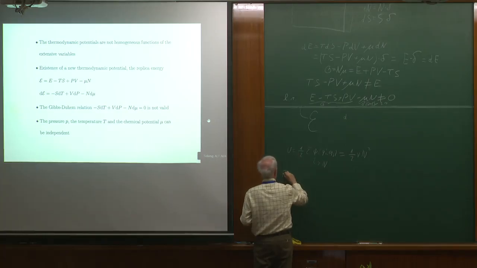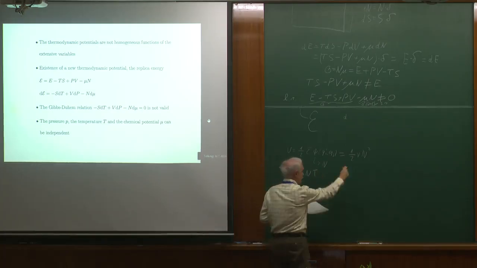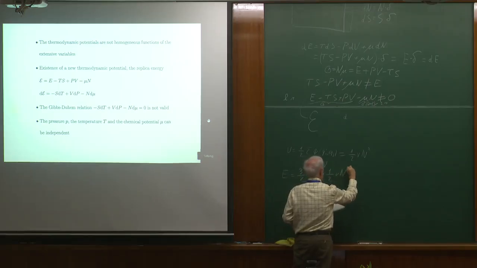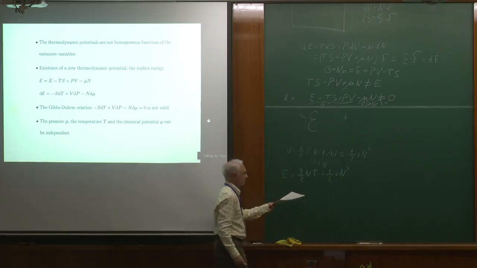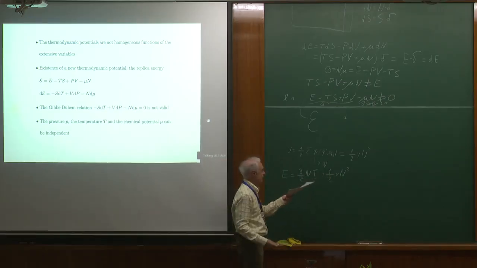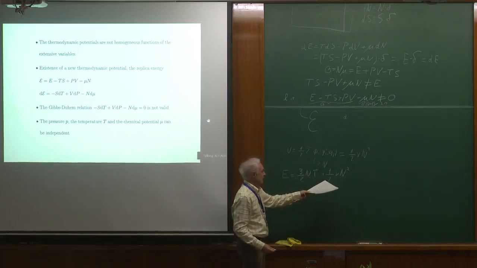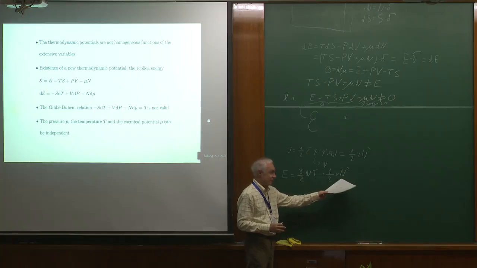So E will be what you have for an ideal gas plus this additional constant. By the way, this already shows, although for this very artificial model, that this is no more a linear homogeneous function of the number of particles. It is not even a homogeneous function of any order, because we have both a linear and a quadratic term.